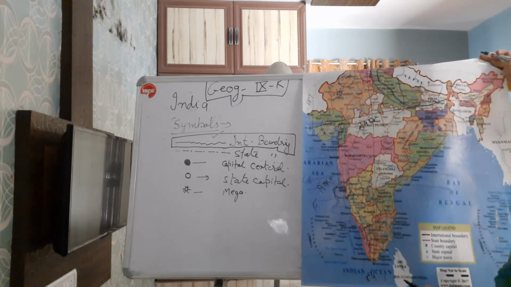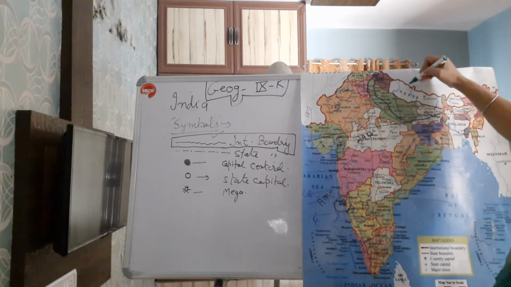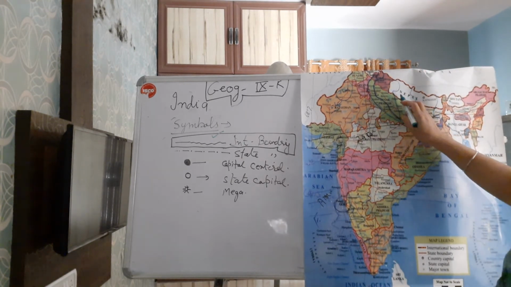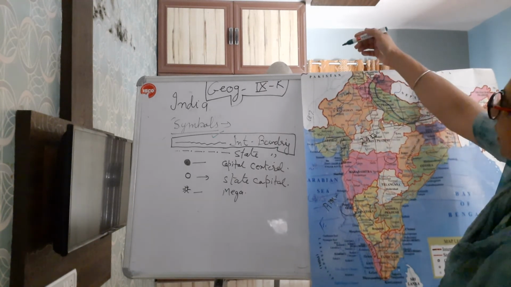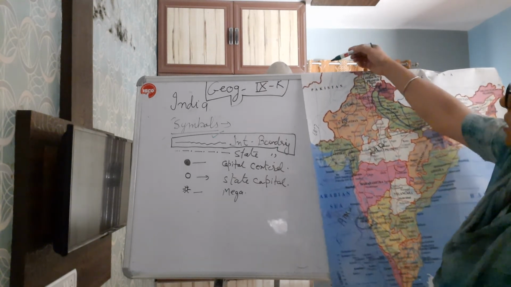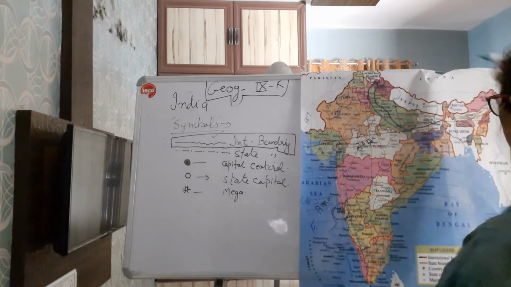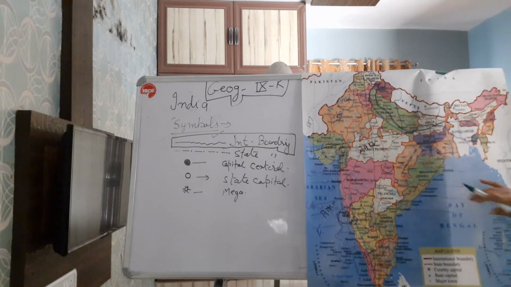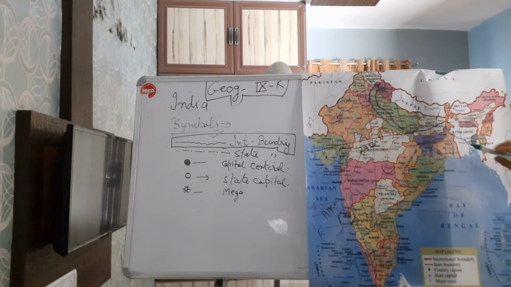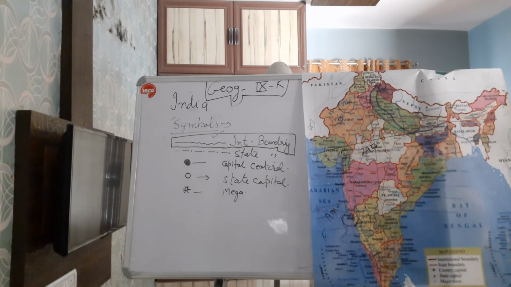We have this international boundary, whatsoever I told you, dark boundary, Nepal. Here it is Pakistan. After that, upper side there is Afghanistan. Here you may see it is Bangladesh, right? Here it is Myanmar.